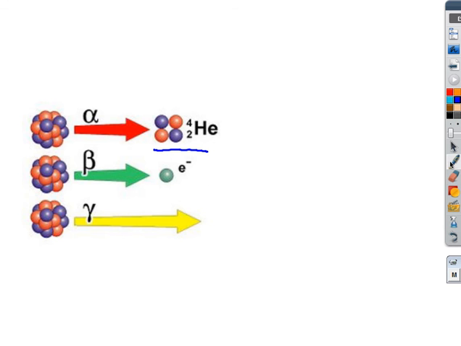This follows conservation of nucleons and also conservation of charge to determine what my daughter nucleus is going to be. And then in gamma decay, I just emit a gamma burst in order to reach stability in the nucleus.